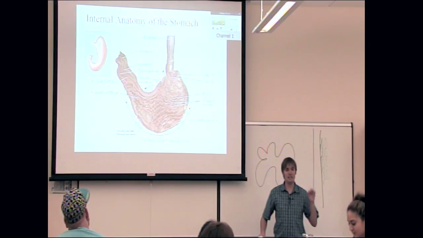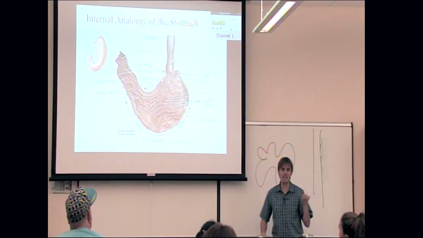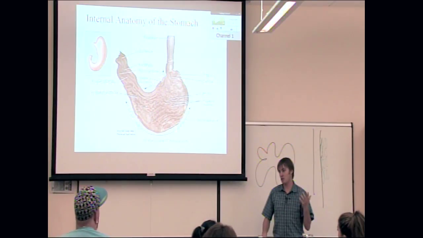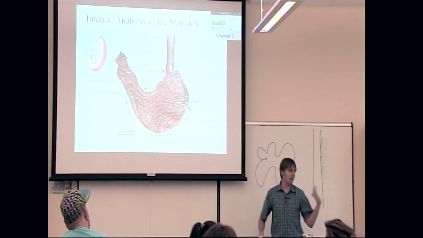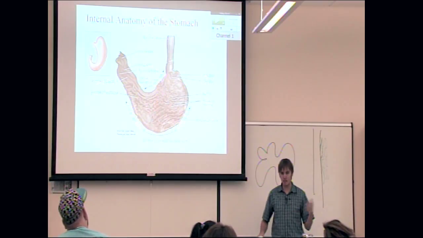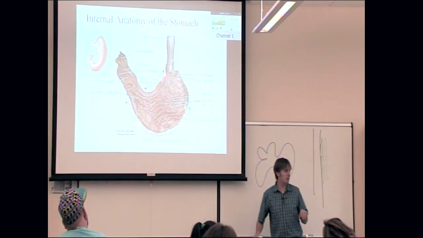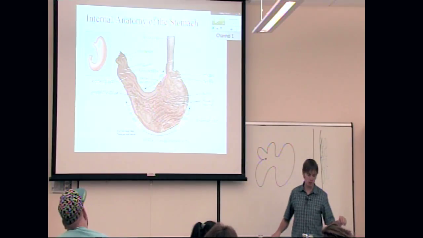So I would say the connective layer in the GI tract is strong, but it's also very flexible. It's got lots of elastin in it, so your stomach can stretch out a whole bunch. Your intestines can stretch as the food passes through and then collapse back to normal size.